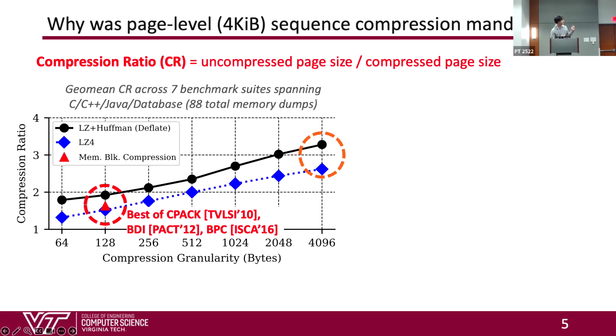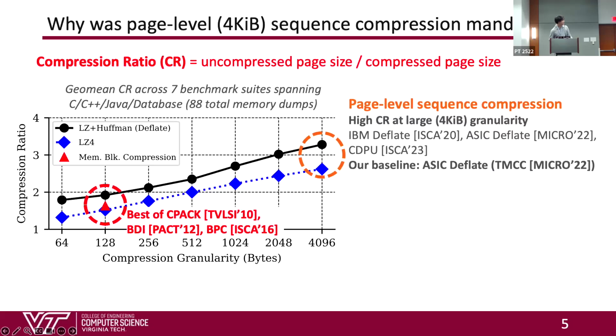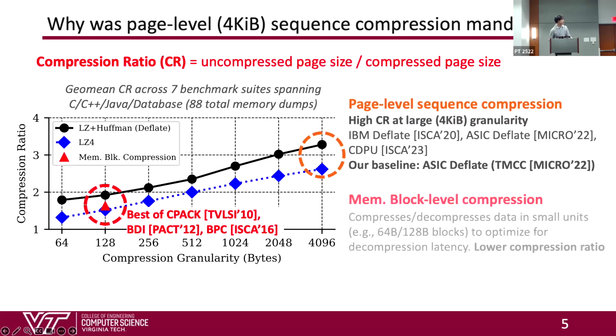And then on the y-axis we have compression ratio, where 1 means uncompressed and 4 means very compressed. And on top you can see that page level sequence compression really far outperforms the memory block level compression algorithms that are more targeting latency. But this work is targeting maximum capacity. So we're really looking at these page level sequence compression works.